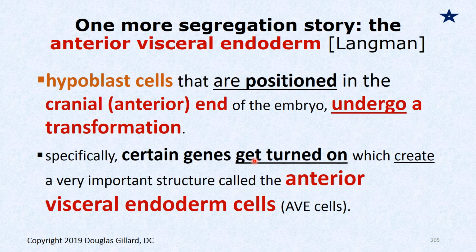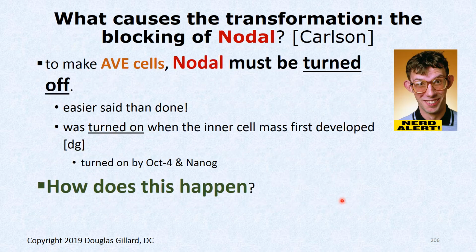Hypoblast cells that are positioned toward the cranial region of the little growing embryo are going to undergo a transformation and become some very important signaling centers, called the anterior visceral endoderm cells, or the AVE cells. Once they form, then we know the cranial-caudal axis as well, although usually the primitive streak tells us that. What's the deal with them?